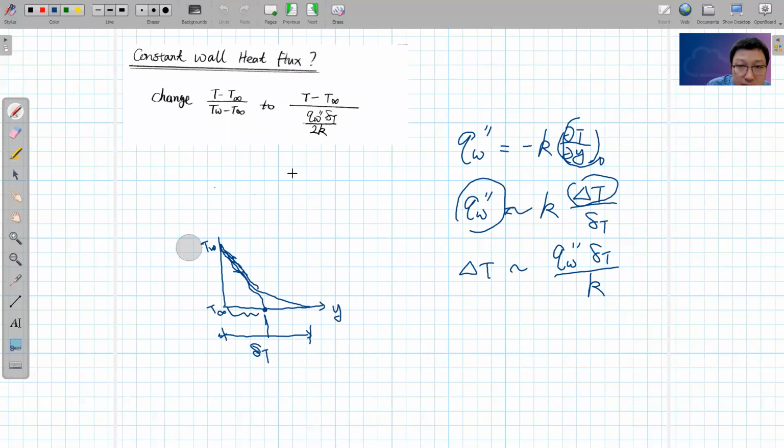Then you can continue your calculation. Okay, that's the only thing you need to do. So this is how you can do this integral solution if you have the constant wall heat flux. In our textbook we didn't cover this part, so I cannot give you what the solution looks like, but this is just a general idea how you can do it.